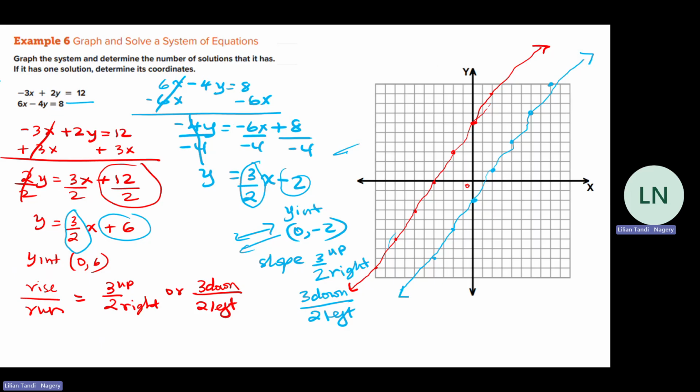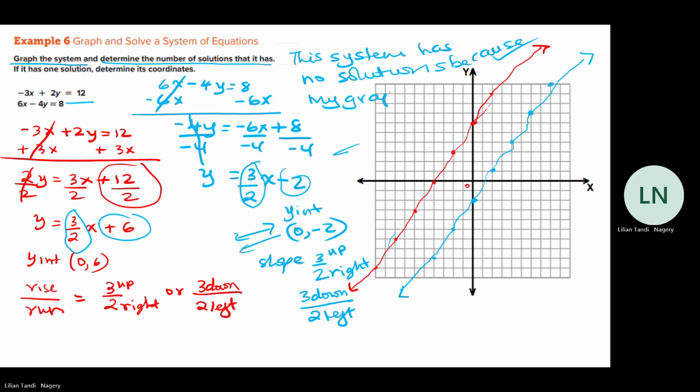So we answer this question. Did you graph? Yes, you have a graph. Did you determine the number of solutions? You say this system has no solution because my graph has parallel lines.